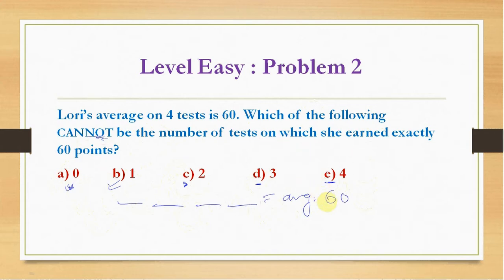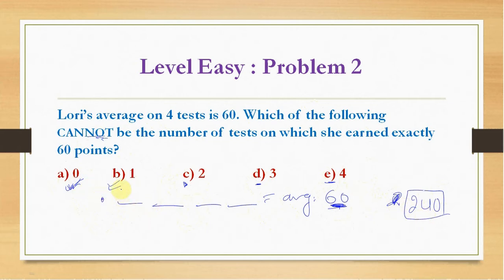In order to obtain an average of 60 on 4 tests, she has to obtain a total of 240 marks. Without obtaining any 60, she can get a total of 240.